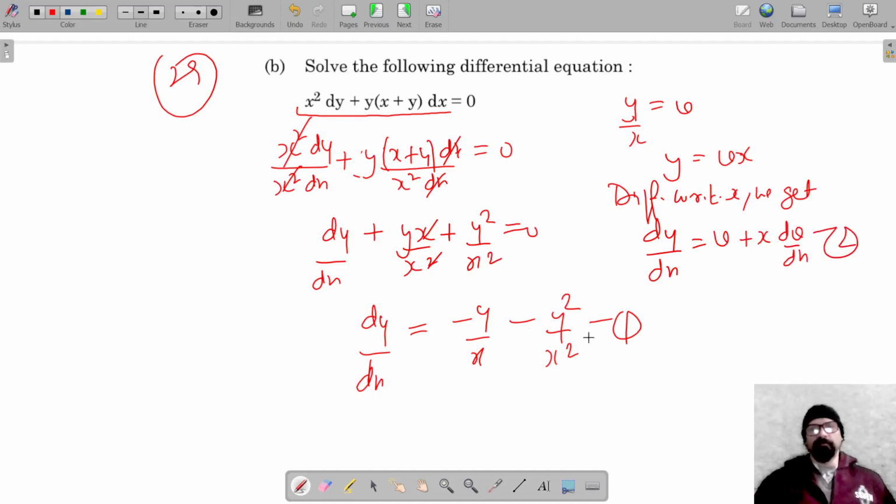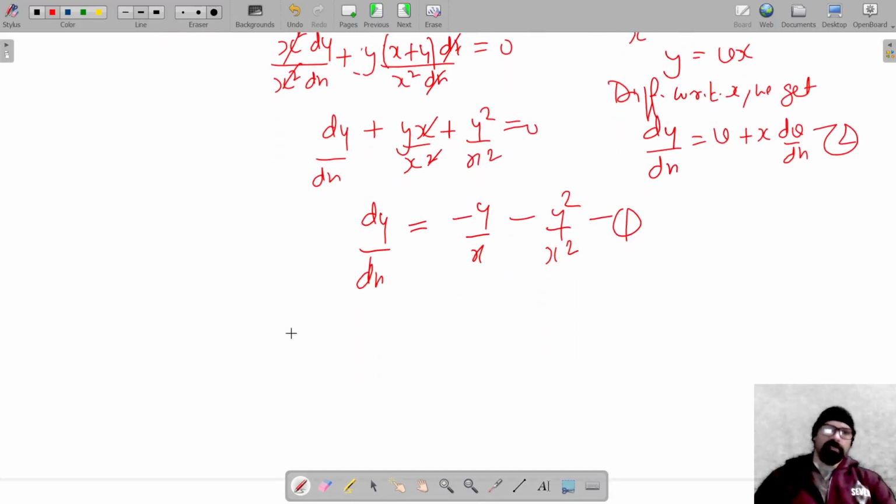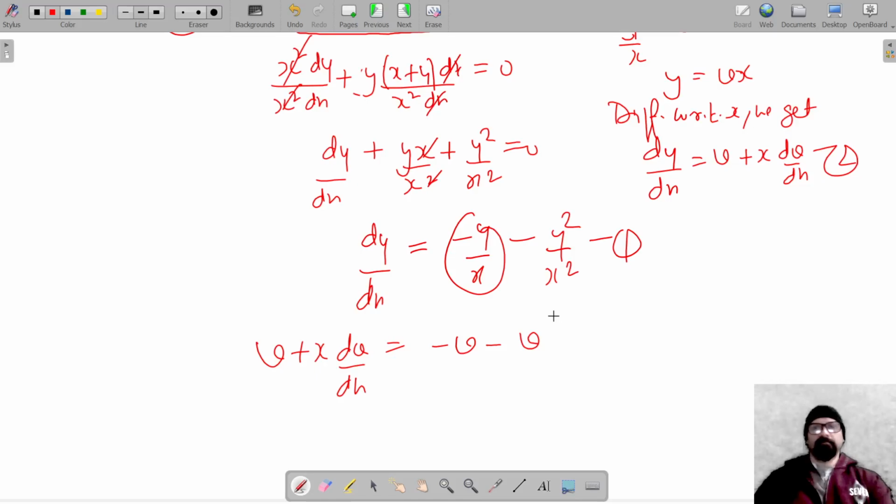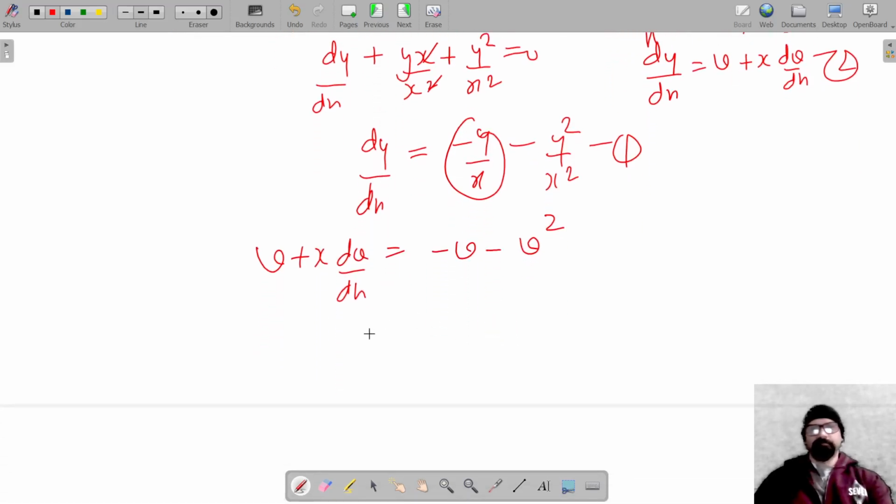Let this be equation 2. If we compare equation 1 and equation 2, we have v plus x into dv by dx equal to negative v minus v².